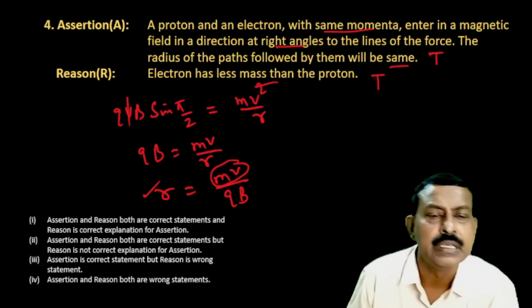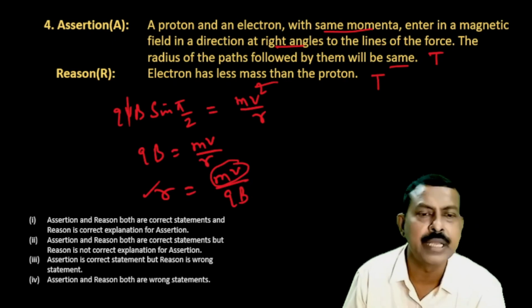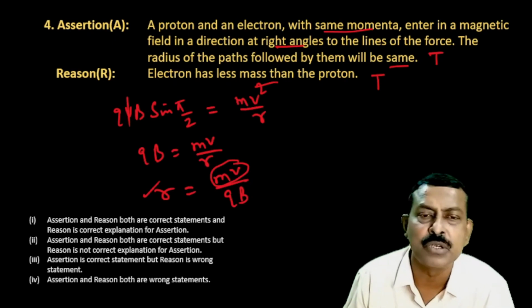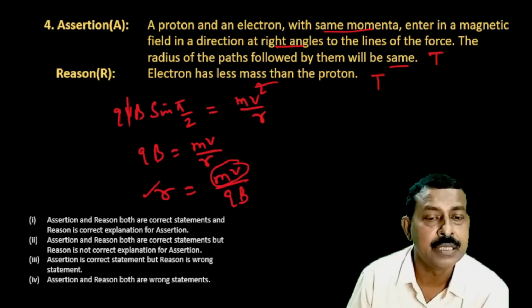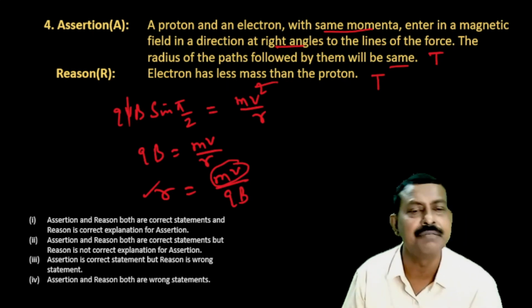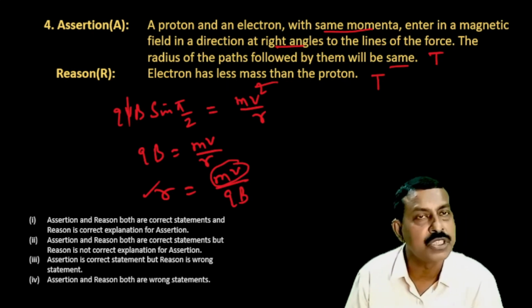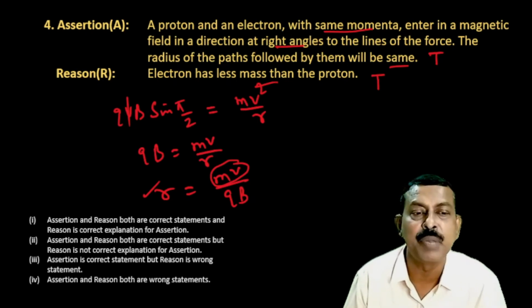Now you see, this has no significance in explaining the statement of the assertion. Although the mass term is there in the radius expression, since it is given that they have the same momenta, the momentum is a constant term. So this is true, but it is not explaining it correctly.